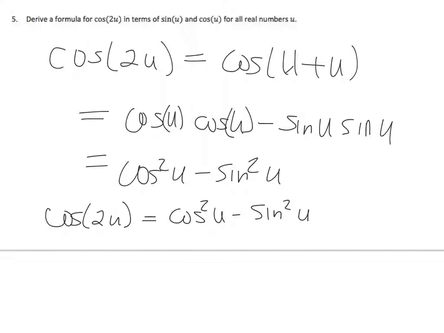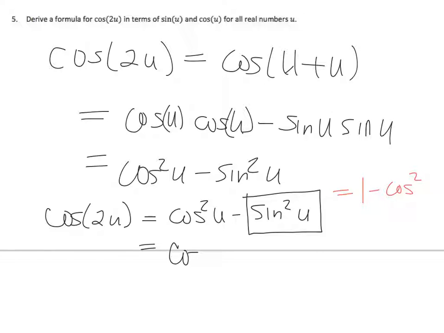And I can rewrite that because we know that sine squared u equals 1 minus cosine squared u, because that is in the Pythagorean identity. And that works.